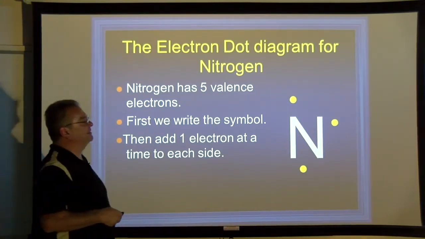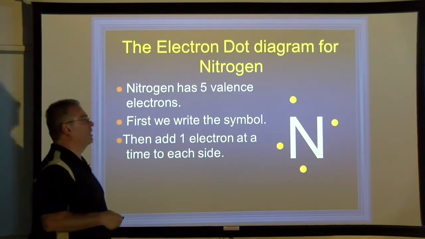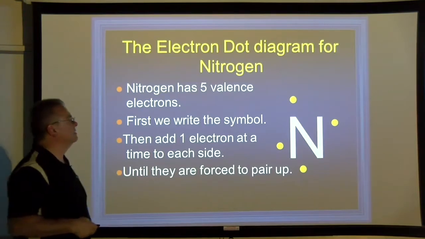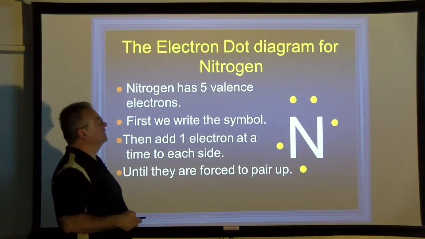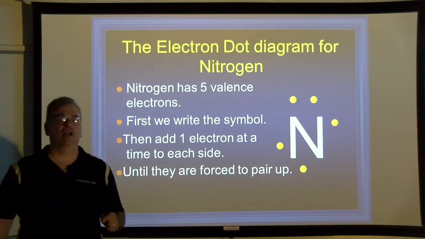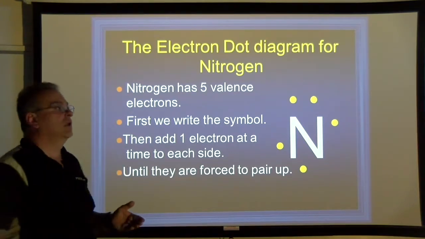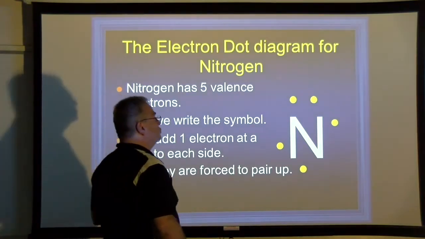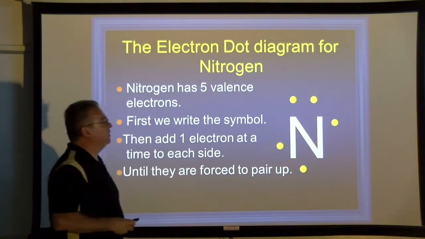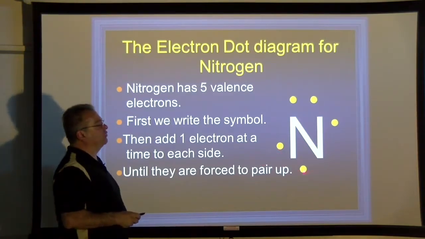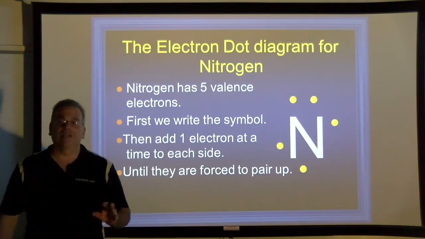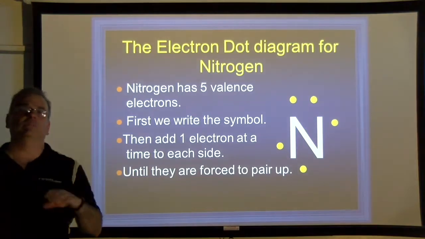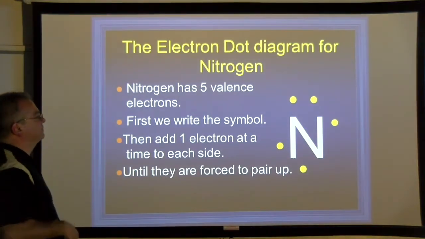This is a great technique because it will show us the number of available electrons that nitrogen may need or can use to share with. For example, nitrogen has what we call free bonding electrons. Bonding electrons are electrons that are unpaired in the electron dot symbol.